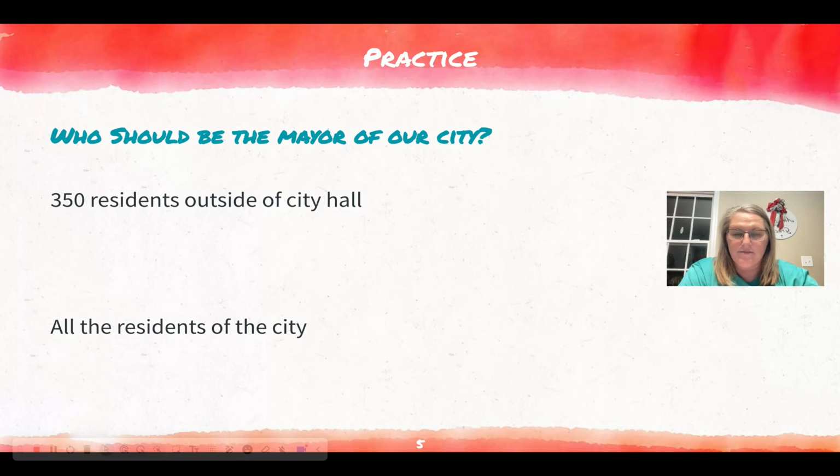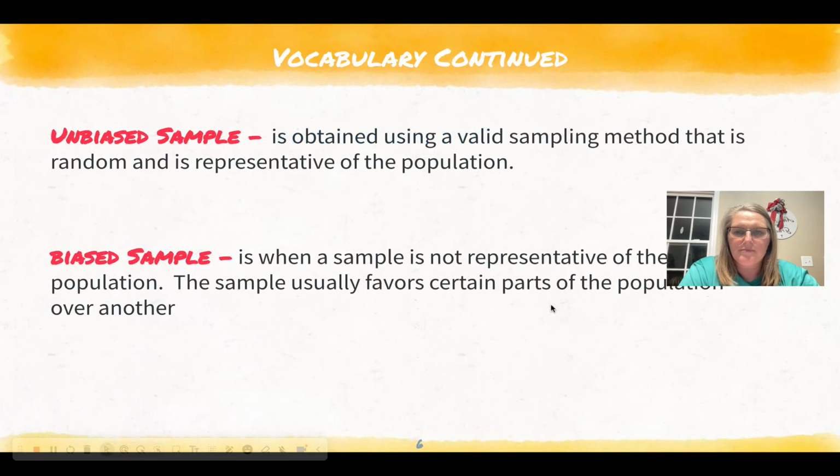Obviously, we do that on the first Tuesday of November during election time. If you only ask 350 residents outside of City Hall, that would be just a sample. It's a small portion that would represent the whole entire population. All the residents of the city would be the population because it's a larger number there.